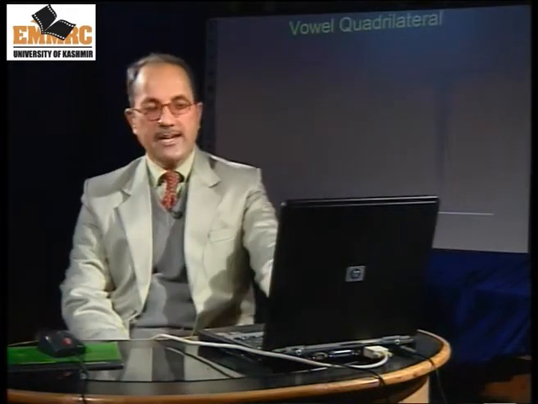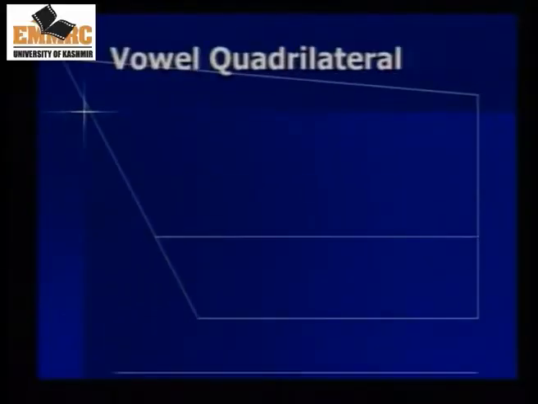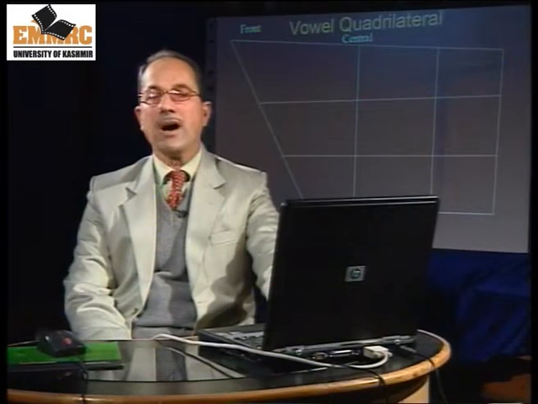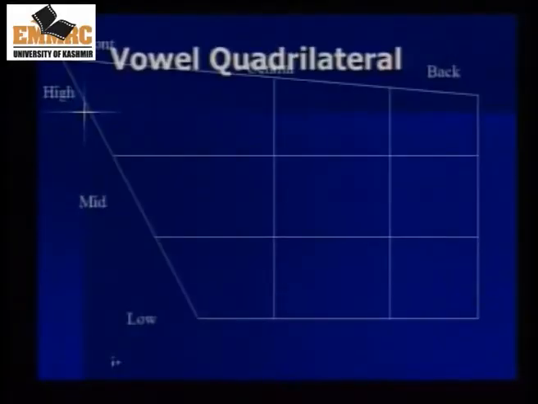English vowels again will be demonstrated through a quadrilateral diagram. Let us look at this quadrilateral diagram, where you can see that there is a front portion, there is a central part, and then there is the back part.